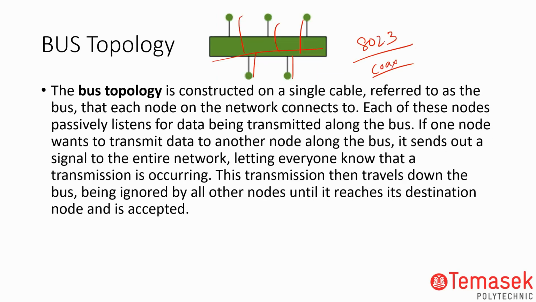Whereas in a bus, who wants to talk first? I want to talk first, so he sends, and the rest keep quiet. Then who wants to talk next? This one can talk next. So it can be a lot more random. This has its own advantage because it's random; you don't need to wait for your turn. That's how the internet is today.